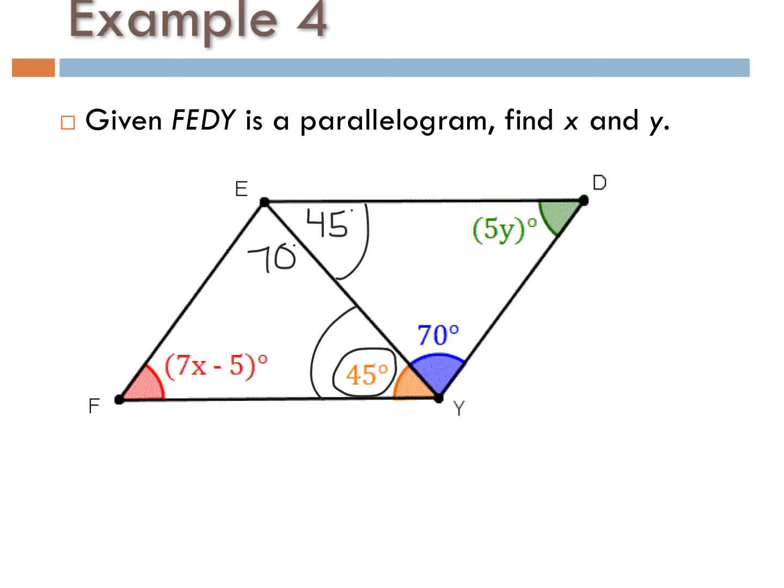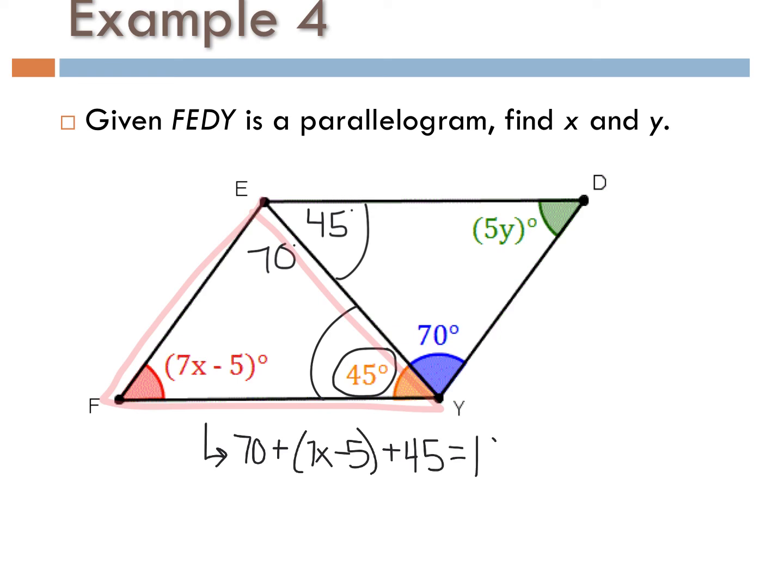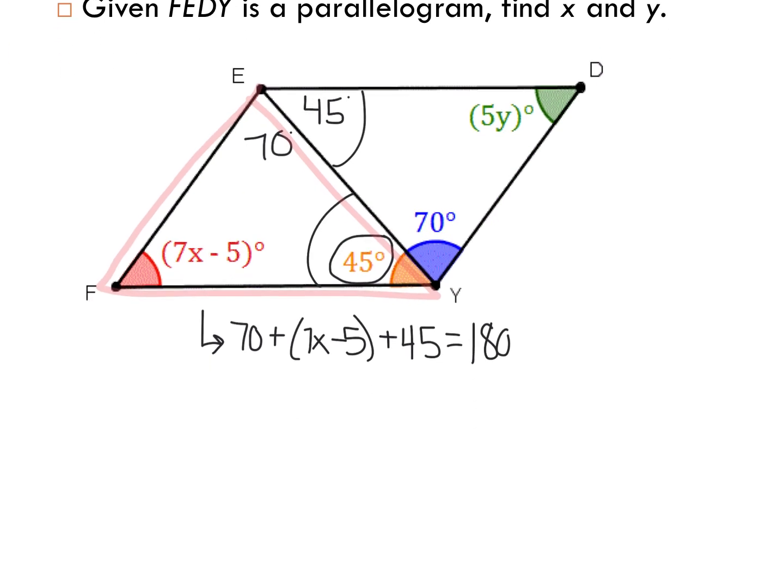So one of the ways to solve this, I'm going to focus on each triangle's angles, right? Because I know the angles of a triangle have to add up to 180. So for this triangle here, it's going to be 70 plus 7x minus 5 degrees plus 45 degrees is equal to 180, because of the triangle sum theorem.